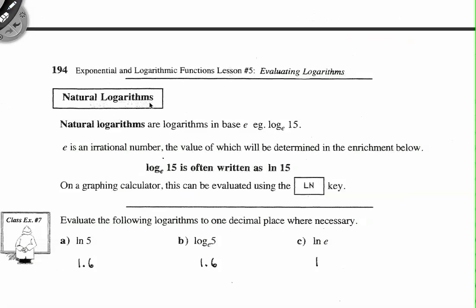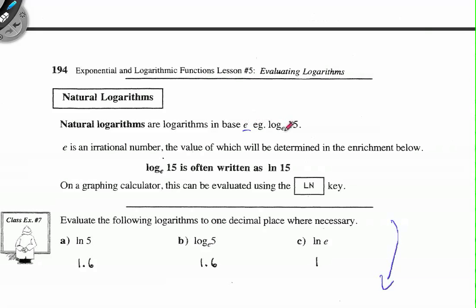Looking at natural logarithms, natural logarithms have a base of e, and e just is like pi. It has a certain value. If you read below, down here in your book, you'll see some more information about the value of e.